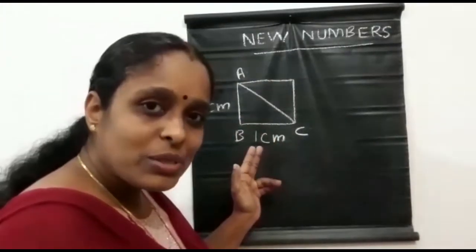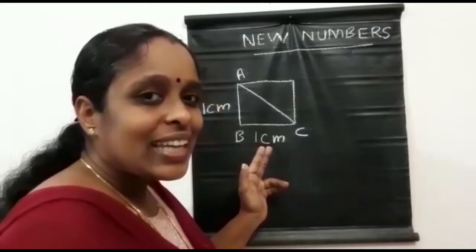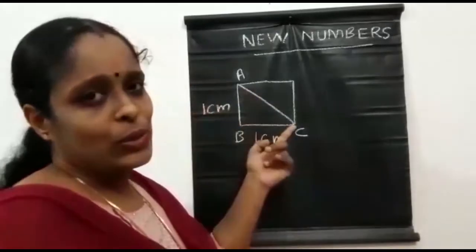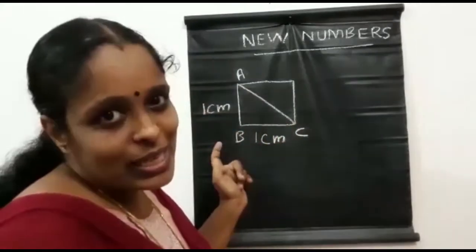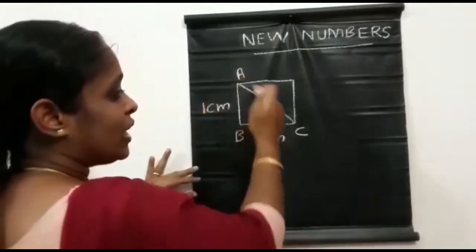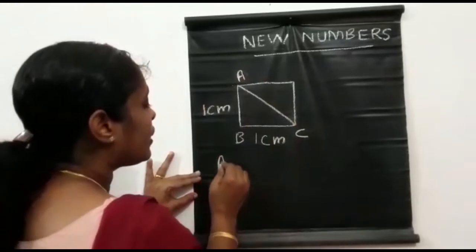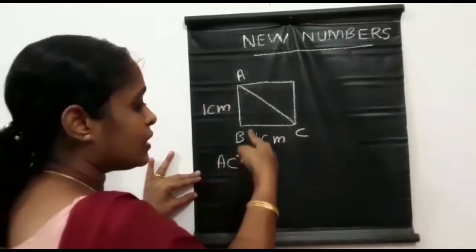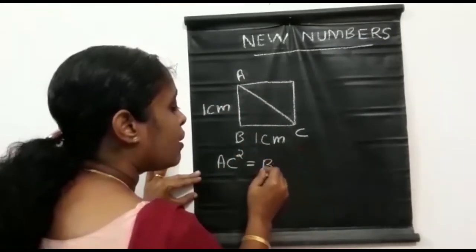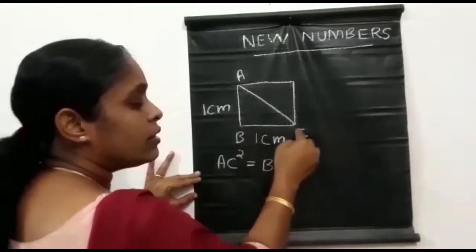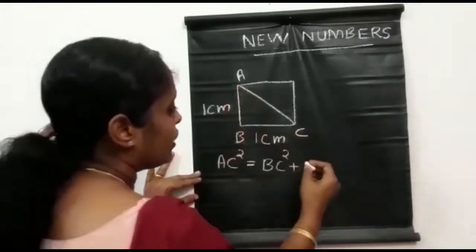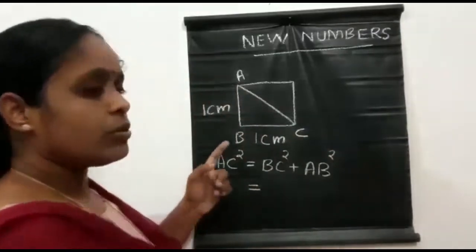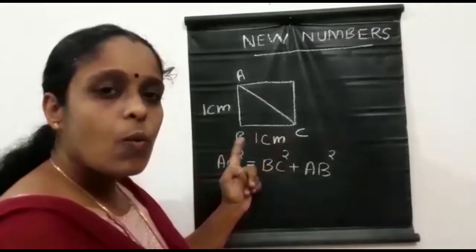You already know about Pythagoras theorem. What is Pythagoras theorem? Hypotenuse square is equal to base square plus altitude square. So we can write here AC square, hypotenuse square, is equal to base square, that is BC square, plus AB square, altitude square. Here BC is 1 centimeter.